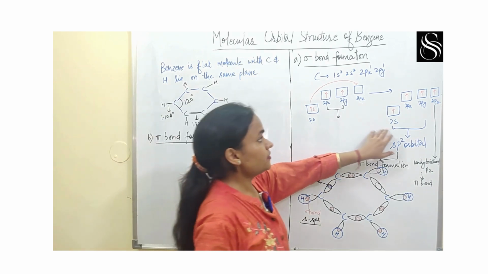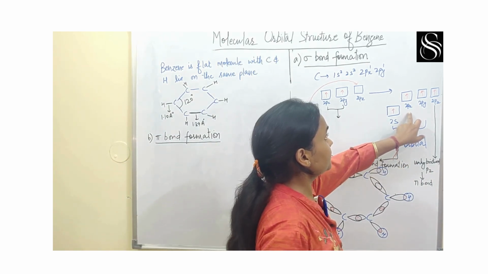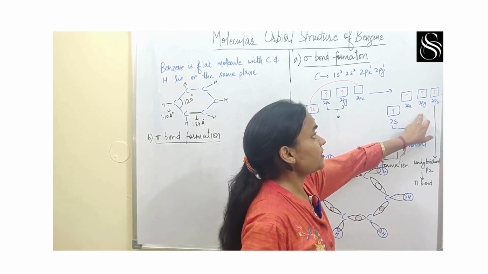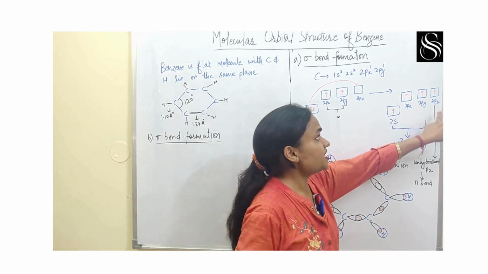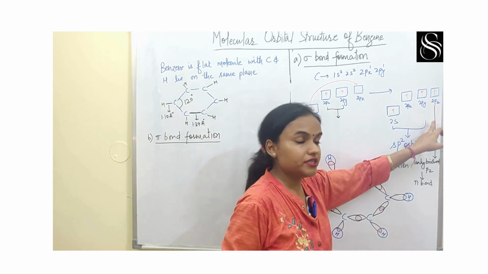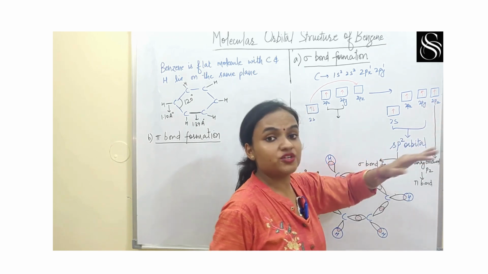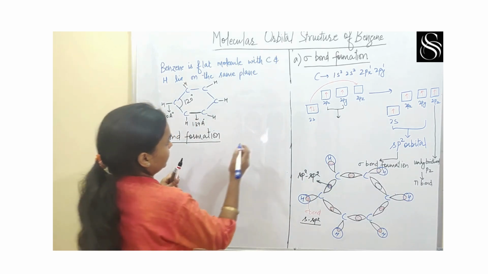As you have seen here, one electron from the s orbital and one electron each from the px and py orbitals participate in sigma bond formation, but the unhybridized pz orbital has an unshared electron and lies perpendicular to the plane of the ring, like this.